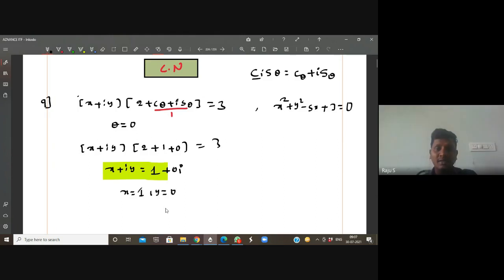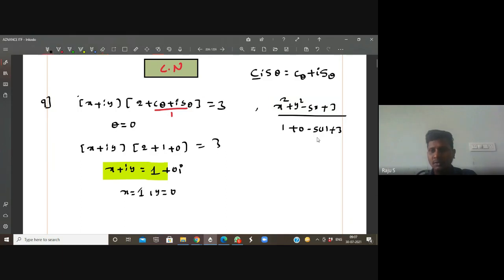Okay, substitute this x and y value in the given expression, for x is equal to 1, y is equal to 0. What about this value? 1 plus 0 minus 5 into 1 plus 3. Sorry, it should not equate to 0 here; we need to find this value.